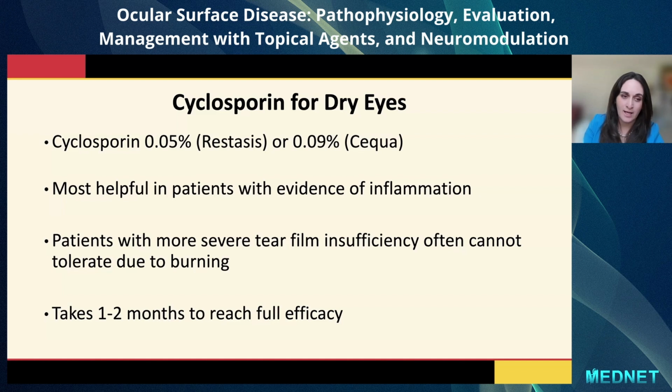So you want to educate them that that is a possible side effect. And also it takes some time to reach full efficacy. I like to start patients on a topical steroid at the same time that I start cyclosporin, just to help them get through the first little bit where they're not going to see as much efficacy from this drop.